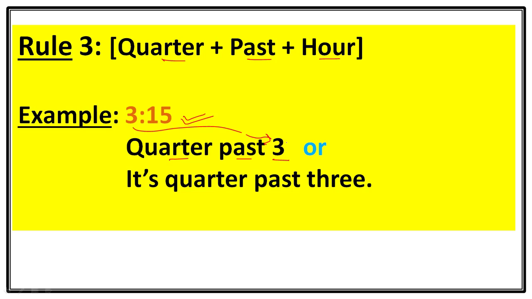So the correct English will be quarter past 3, or you can also say it's quarter past 3. You can choose any one from the above. Remember this thing, wherever you see 15, you have to use quarter.